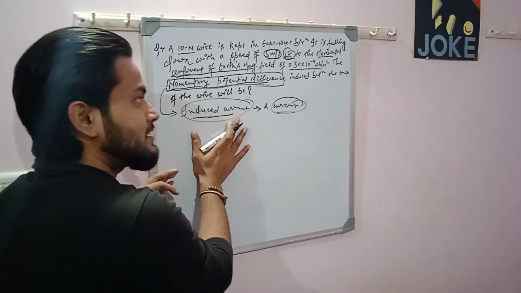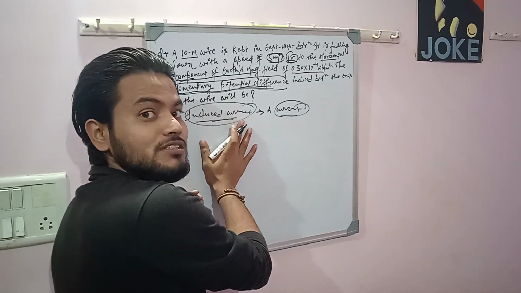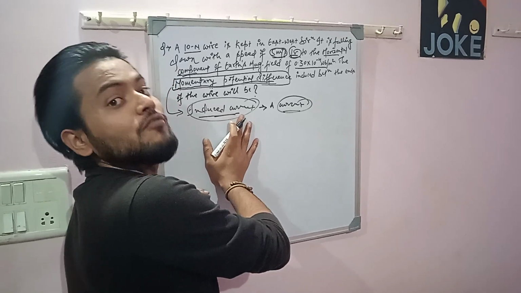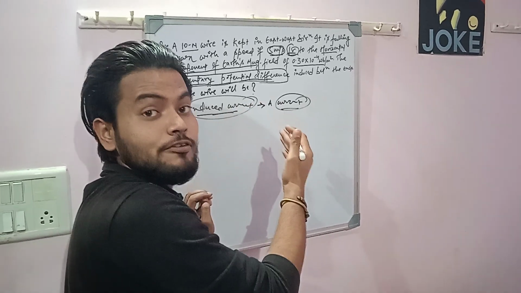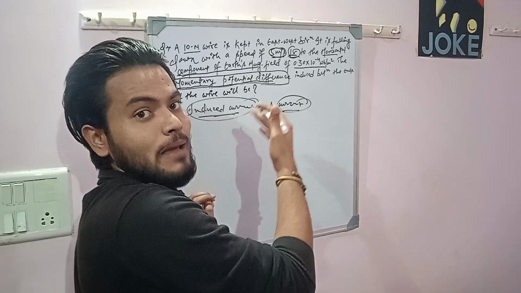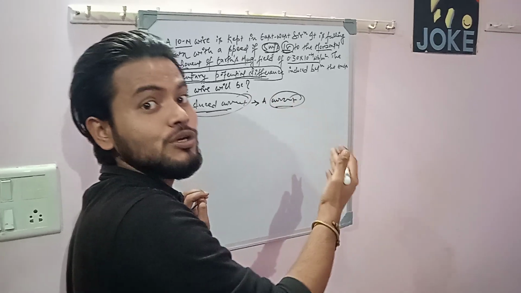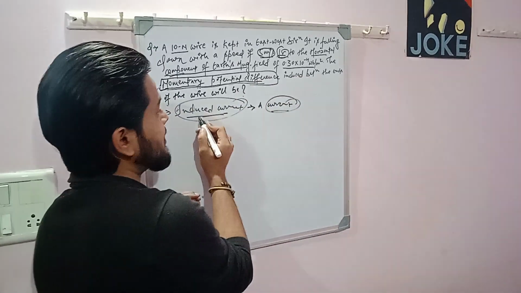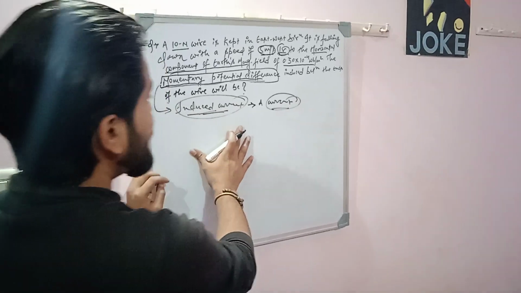Whenever the magnetic field or flux changes, the current we get is known as induced current.